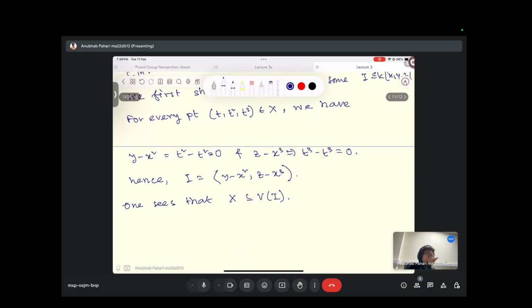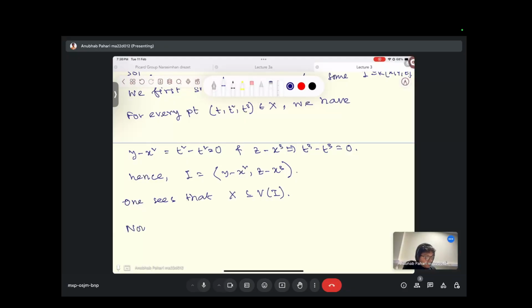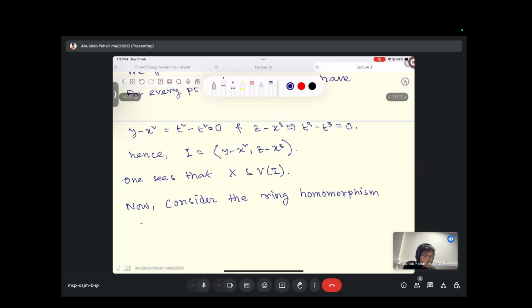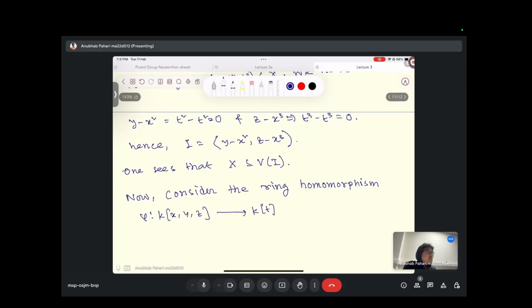Now consider the ring homomorphism phi from k[x,y,z] to k[t] such that phi of f(x,y,z) goes to f of (t^2, t^3).